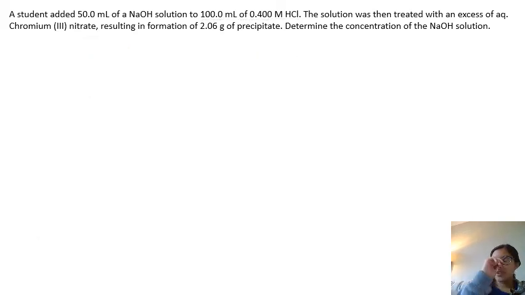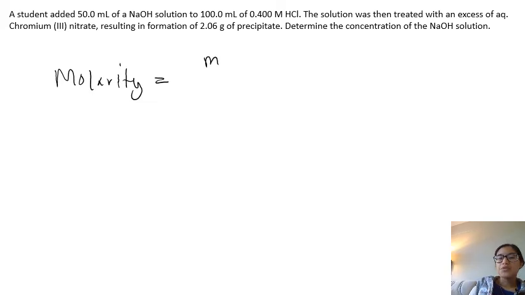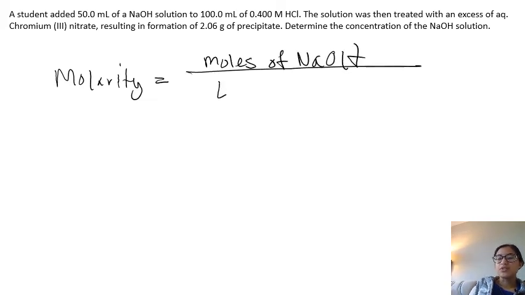All right, so we found the individual amounts of moles, and now it's a really easy calculation to get the molarity. Remember that molarity equals moles of your solute, which in this case is NaOH, over liters of solution, specifically the NaOH solution. We just found the total amount of moles that were in the original NaOH solution, so we're talking about this one now.